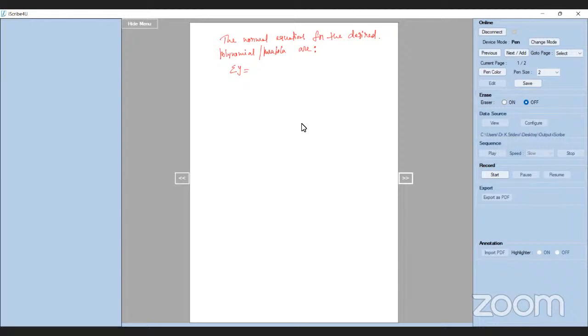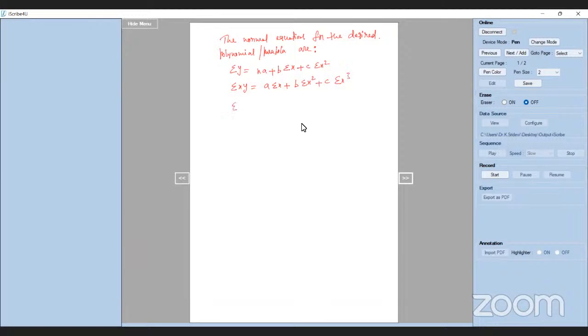Summation y is equal to NA plus B into summation x plus C into summation x square. The second equation is summation xy is equal to A summation x plus B summation x square plus C summation x cube.